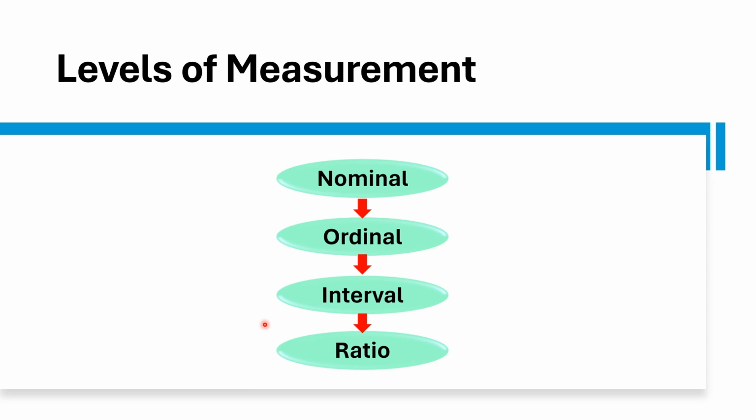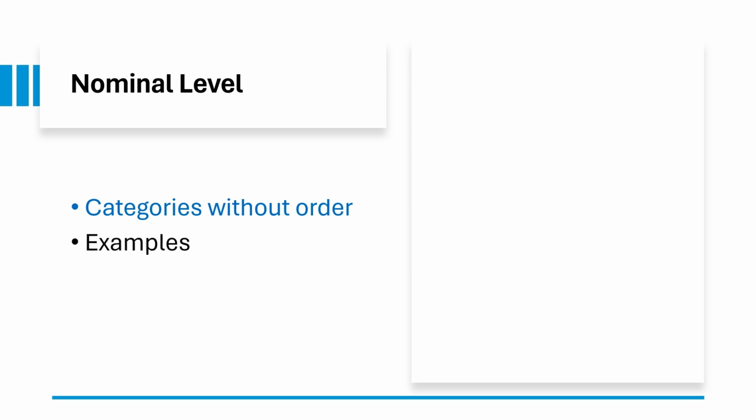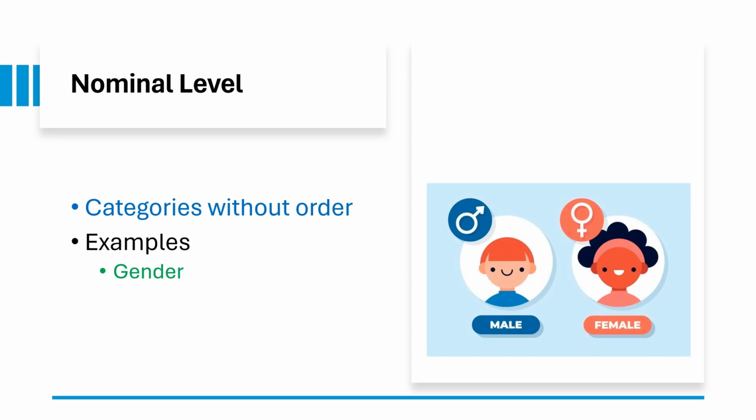Let's start with the most basic level, nominal. Nominal level data categorizes without any order. This means the data consists of names, labels, or categories that do not have a specific order or ranking. For example, gender is a nominal variable with categories such as male, female, and non-binary.